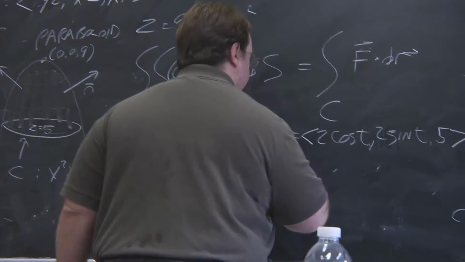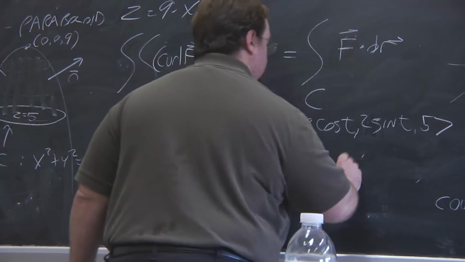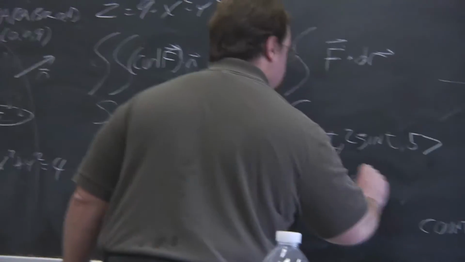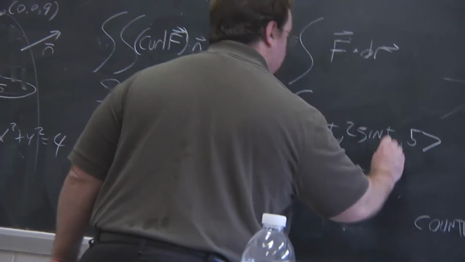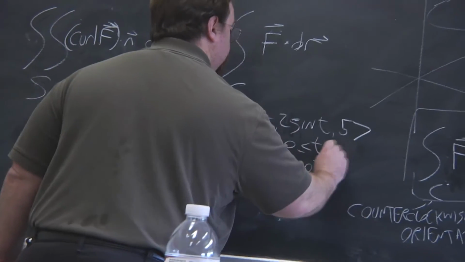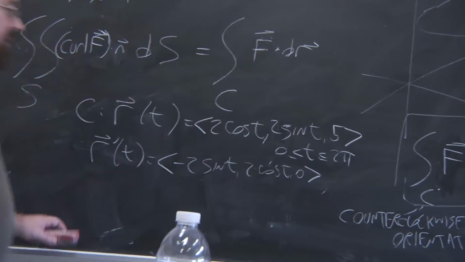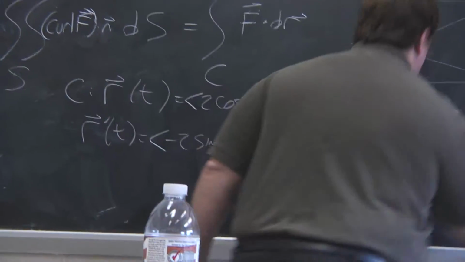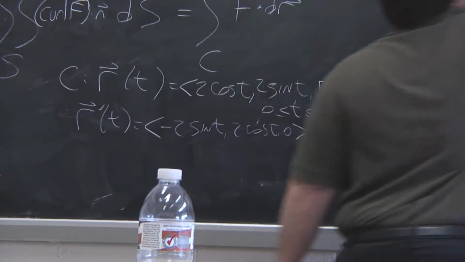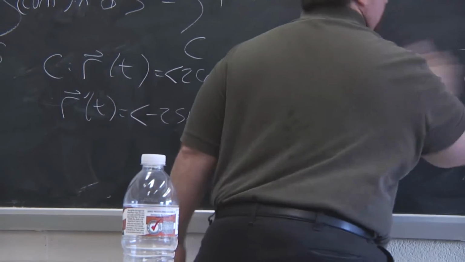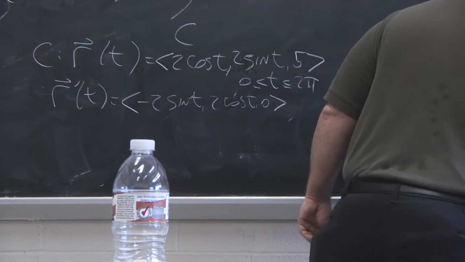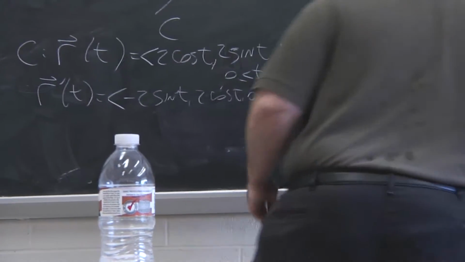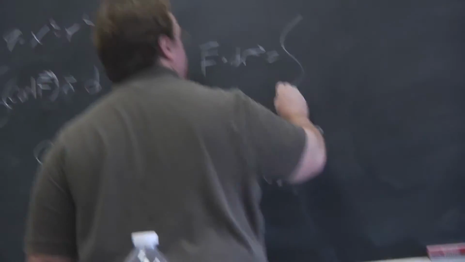So that would be minus 2 sine t, 2 cosine t, and 0. And t runs between 0 and 2 pi. Now you're ready to set up the integral over a curve.